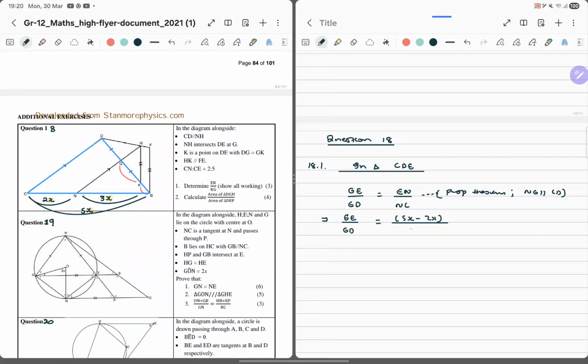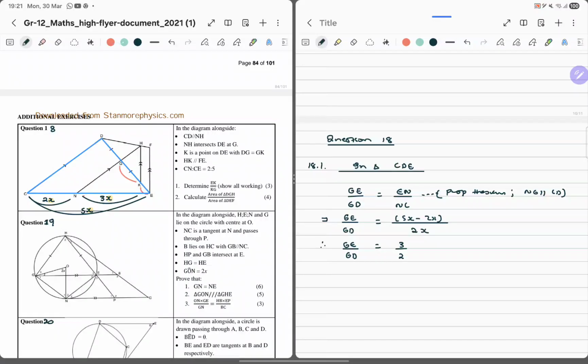Divided by NC, this is 2x, right? So GE over GD is going to be 3x over 2x, which is 3 over 2.